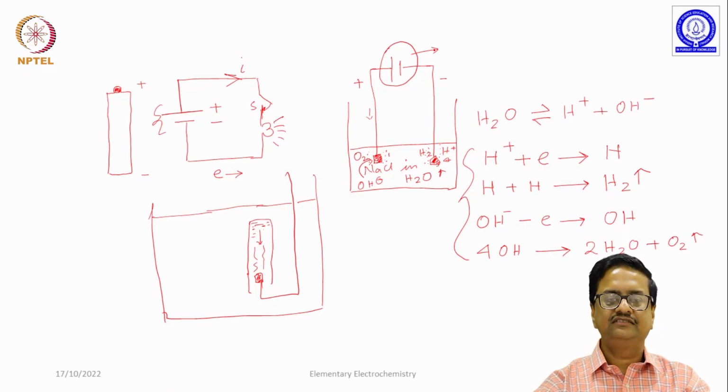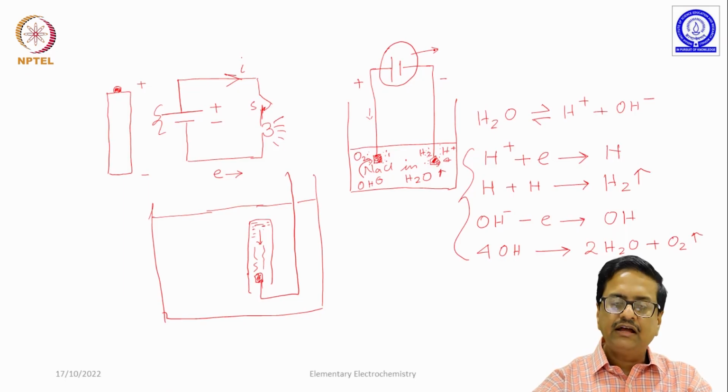Today, this is a big industry to develop small but more cyclable batteries and small but more powerful batteries which can store more energy so that one can operate a car using a battery. So that is where the application of electrochemistry comes in very handy.